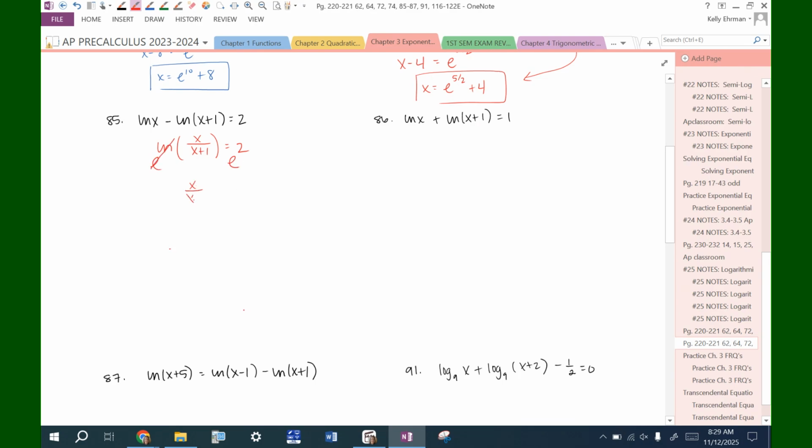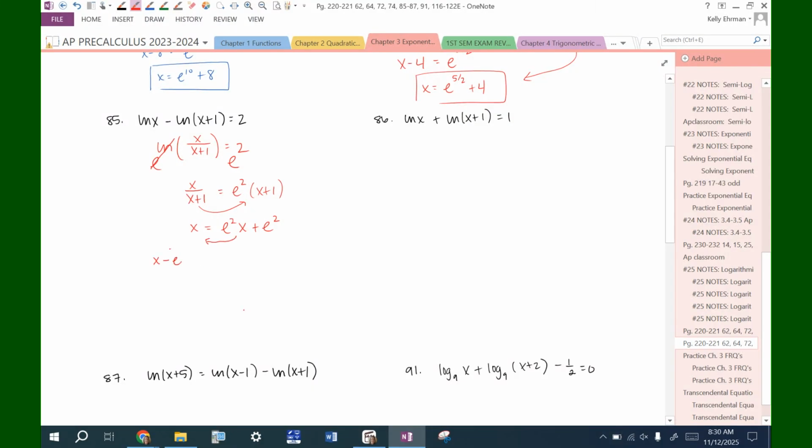So x over x plus 1 equals e squared. Now I need to solve this rational equation. I can multiply the x plus 1 over to this side. And when you do that, you would get e squared x plus e squared. I distributed that because I want to solve for x, and x is still in 2 places in this equation. So you need to get rid of the parentheses. And then any term that has an x needs to get moved to the same side.